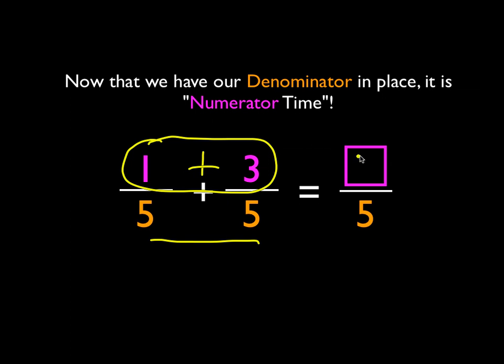Add the 1 plus the 3, and that gives us a 4. As long as the denominators are the same, the denominator of the sum is the same, and you just add or subtract across the top. So 4/5 is our answer.